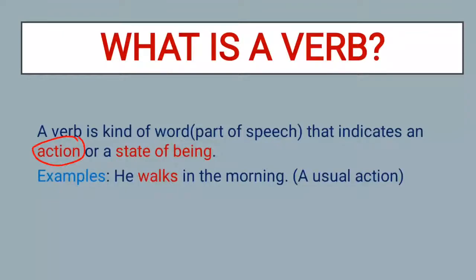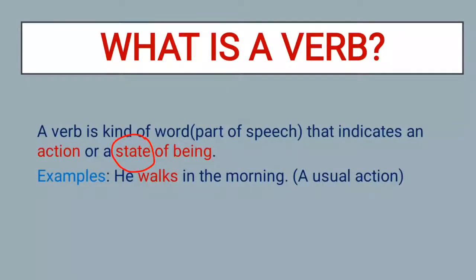Now, what is state of being? State of being refers to those words which help us to understand the time and the physical and mental condition of a noun, or you can say the subject. Now, to understand better, you can also say that state is something changeable over the period of time.